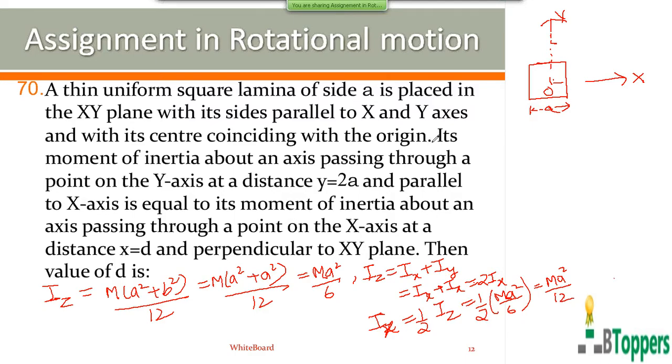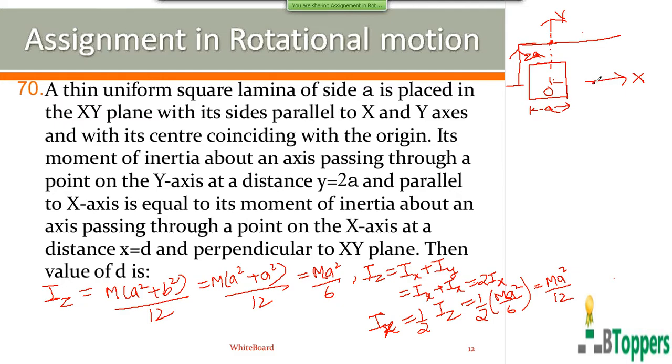So according to the problem, its moment of inertia about an axis passing through a point on the y-axis at a distance y equal to 2a, that is about this axis, and this distance is given to be 2a, is the same as its moment of inertia about an axis passing through a point on the x-axis.